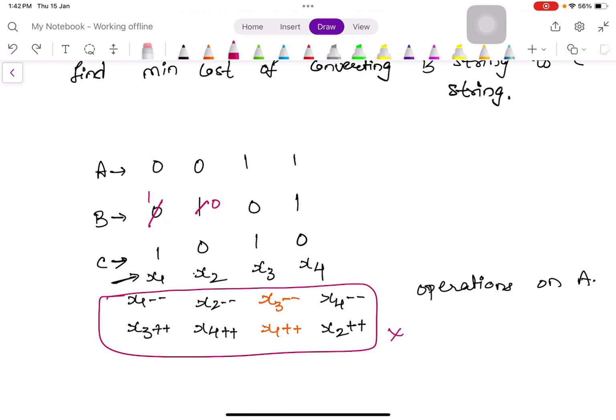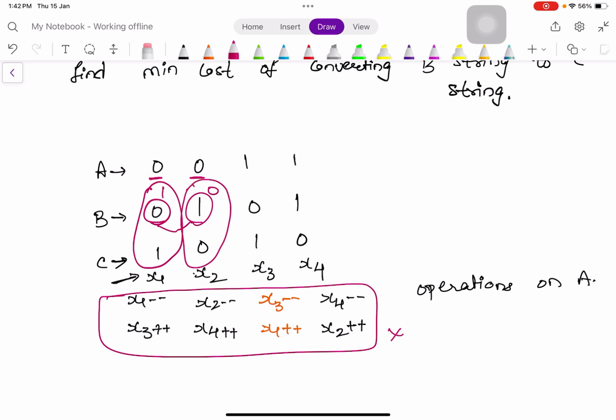If I want this match to happen, we can make use of the second operation that we know. As A_i and A_j are the same, we can swap this 0 with 1 and we'll get 1 over here, 0 over here. And that's how index 0, or the first character of B string and C string, matches.